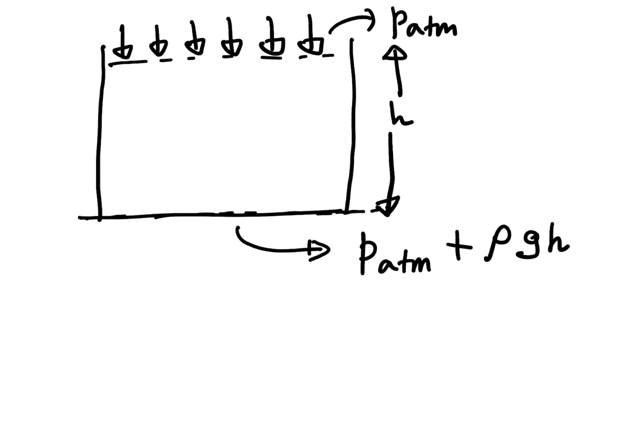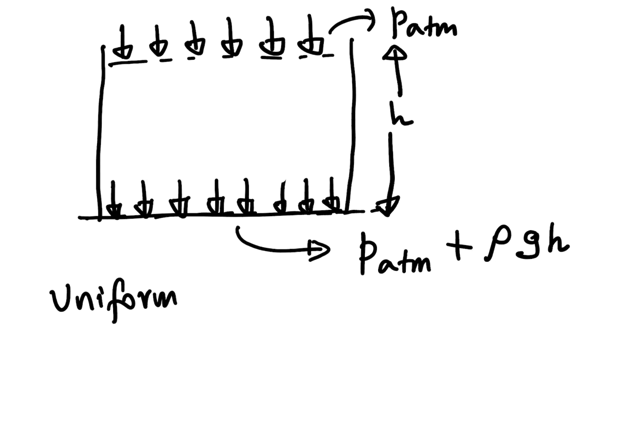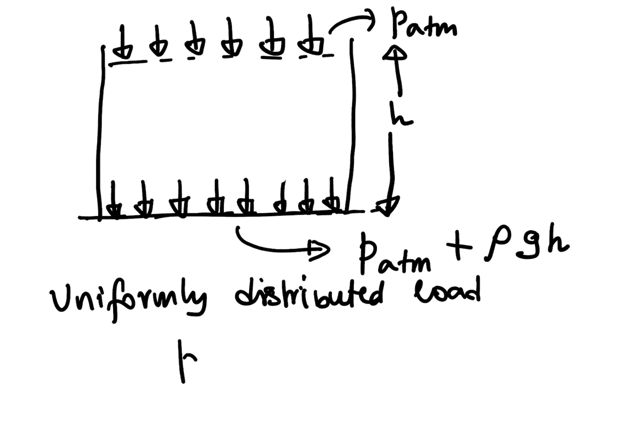And how is that pressure distributed? It's distributed uniformly because at a given horizontal level the pressure is the same. So it's like a uniformly distributed load whose magnitude is P atmosphere plus rho gh.